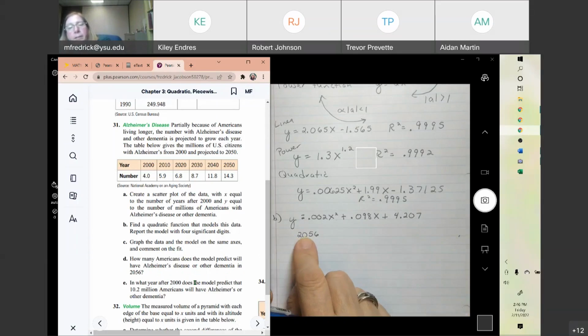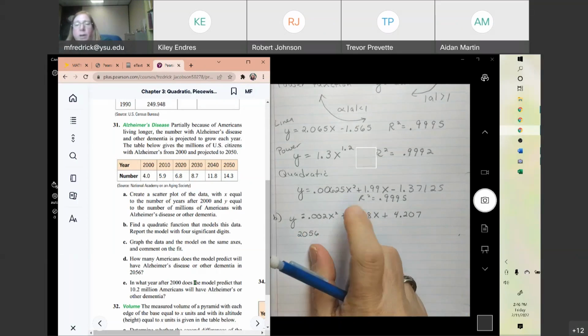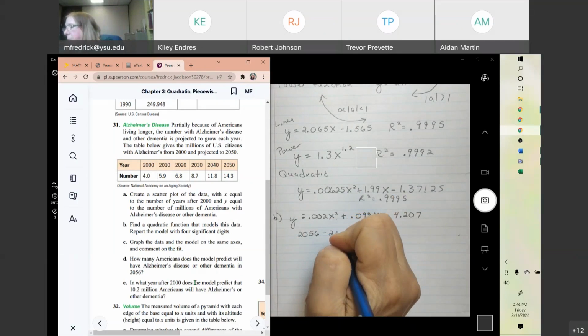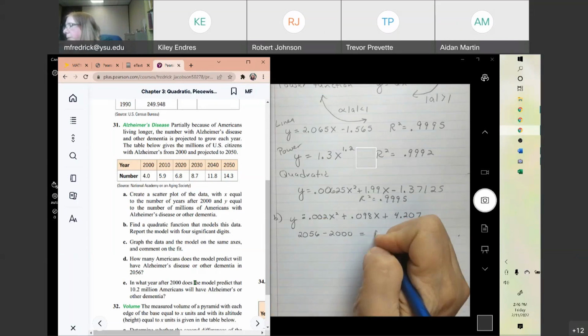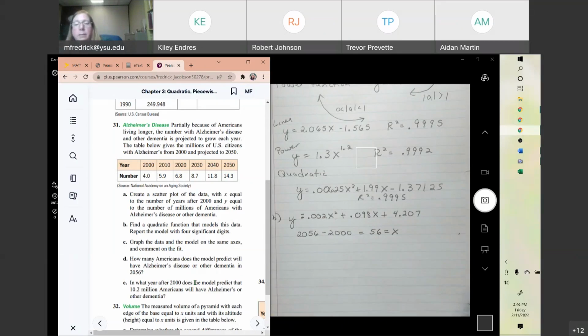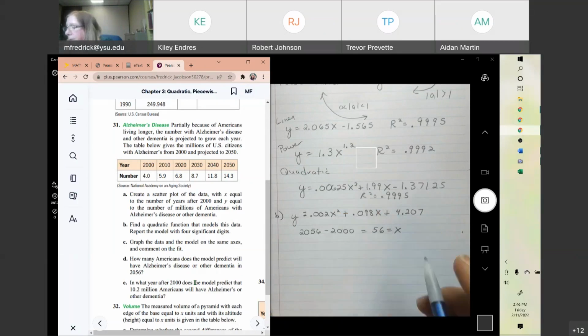Well, this is a year. X is the number of years after 2000. It is not what year it is. So you need to be careful and subtract the 2000. So X is 56. Then we put 56 in.